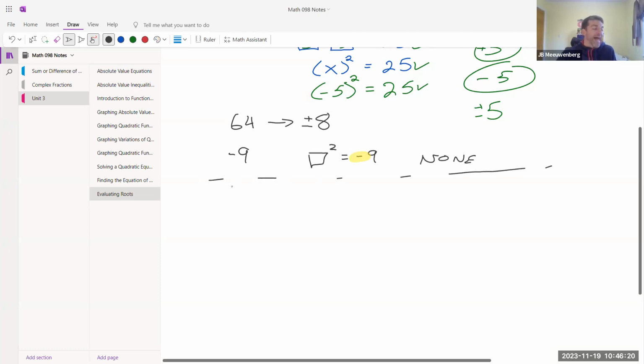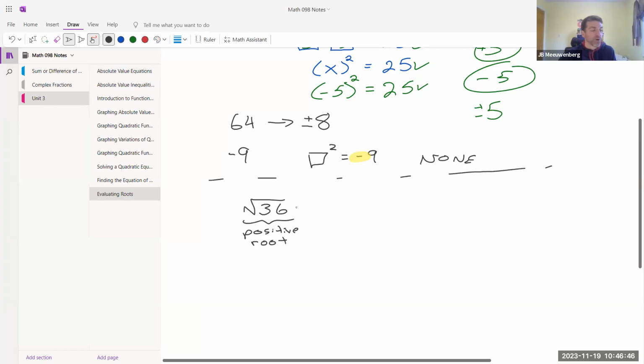Okay? Now, I mentioned this symbol earlier, this radical symbol. When we use that symbol and a number inside of it, like 36, we are always just referring to the positive root. This is only asking about the positive root.